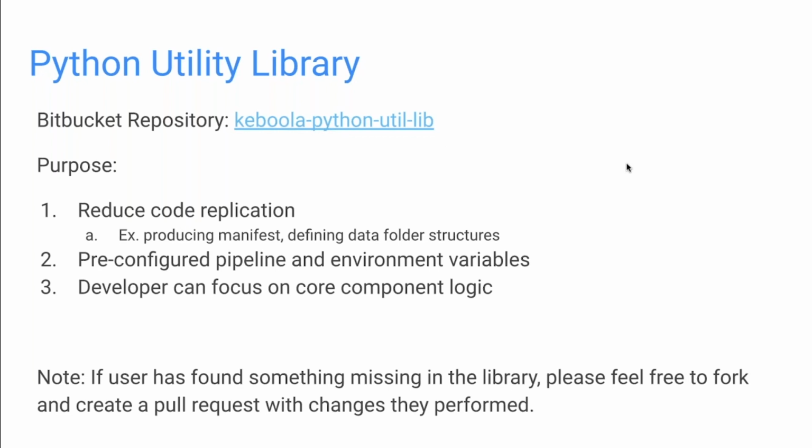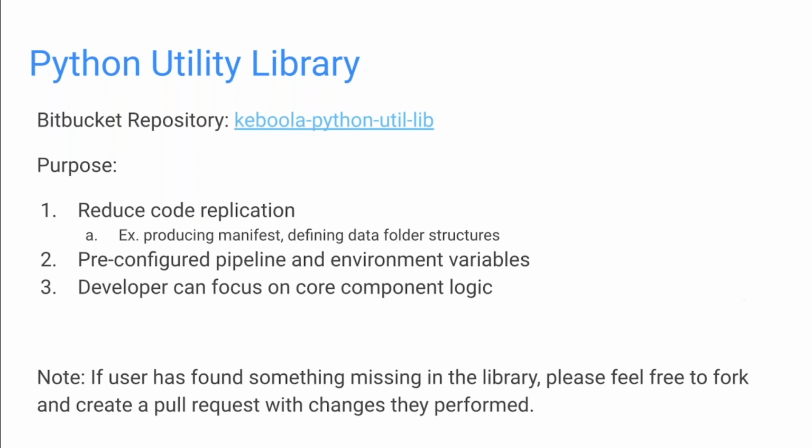If we have that somewhere, we don't have to define or create functions for it every single time we create a component. Second, pre-configured pipeline and environment variables. The third one, developers can focus on core component logic instead of always spending time creating these replicated functions.